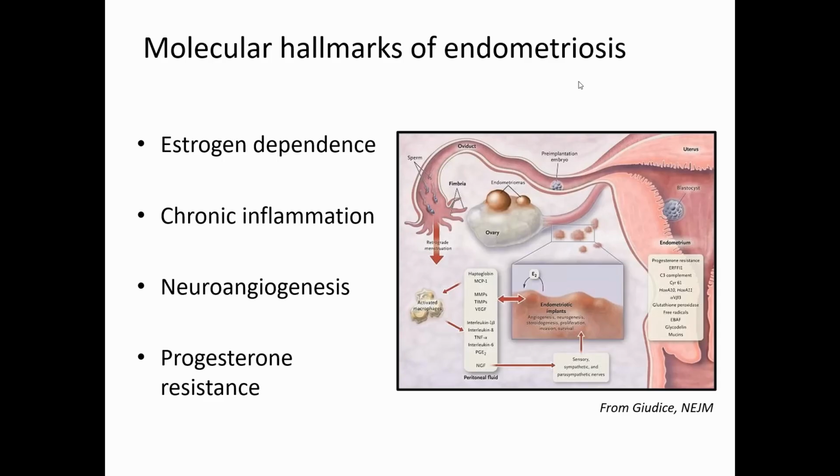A third molecular hallmark is neuroangiogenesis, which is the ability of the lesions in ectopic locations to secrete compounds that recruit blood supply, as well as neuronal influx. And chief among these compounds is vascular endothelial growth factor and nerve growth factor, both of which have been identified within endometrial lesions. Finally, the phenomenon of progesterone resistance has been associated with endometriosis.